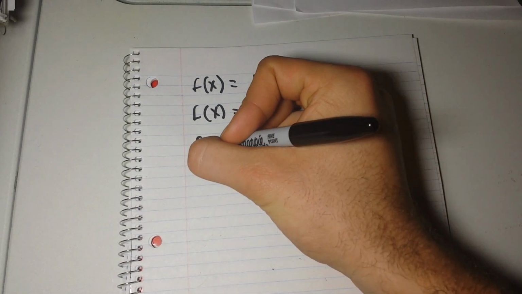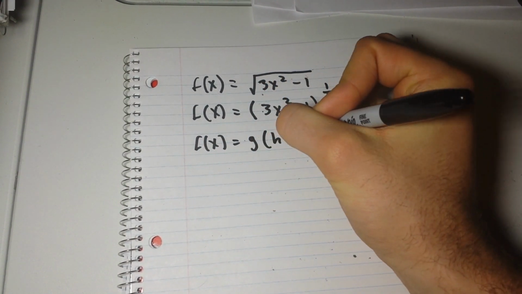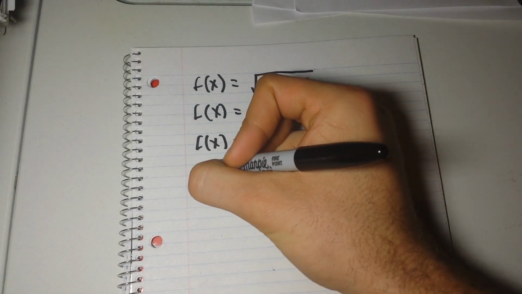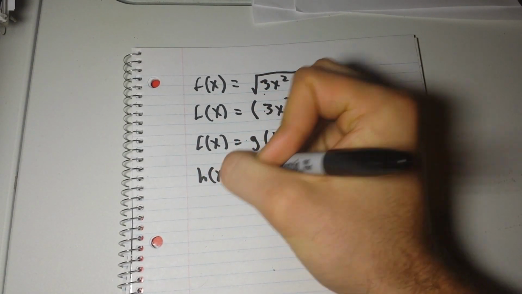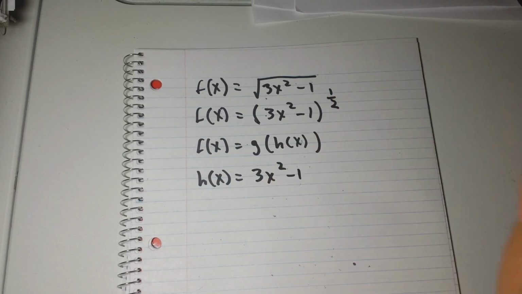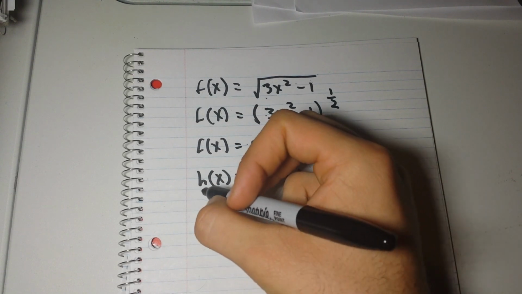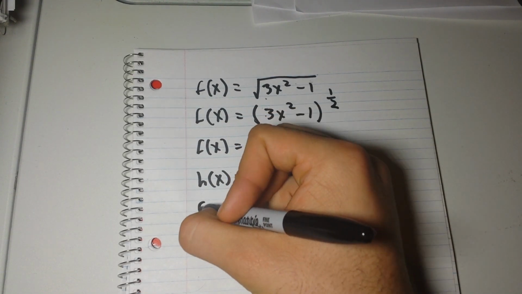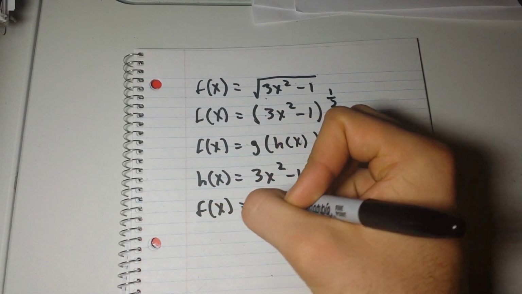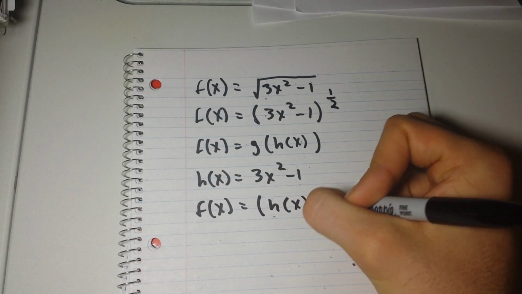So now we remember our f of x is equal to g of h of x. Define our h of x. We see it right here on the inside, so we know it is 3x squared minus 1. And we can call our f of x h of x to the power of 1/2.